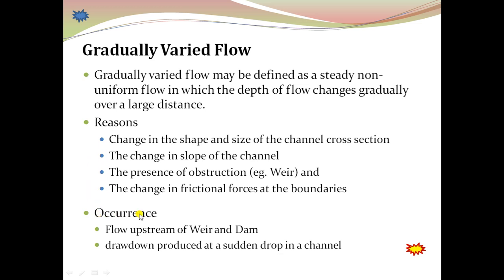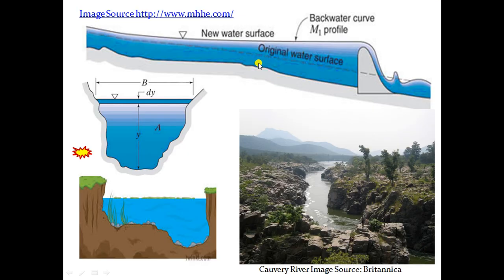Gradually varied flow occurs in flow upstream of a weir and dam. The second place is the drawdown produced at a sudden drop in the channel. If you refer to this diagram, let us assume this to be a dam spillway section. Obviously, behind it, which is upstream of the dam, we can expect a gradually varied flow.